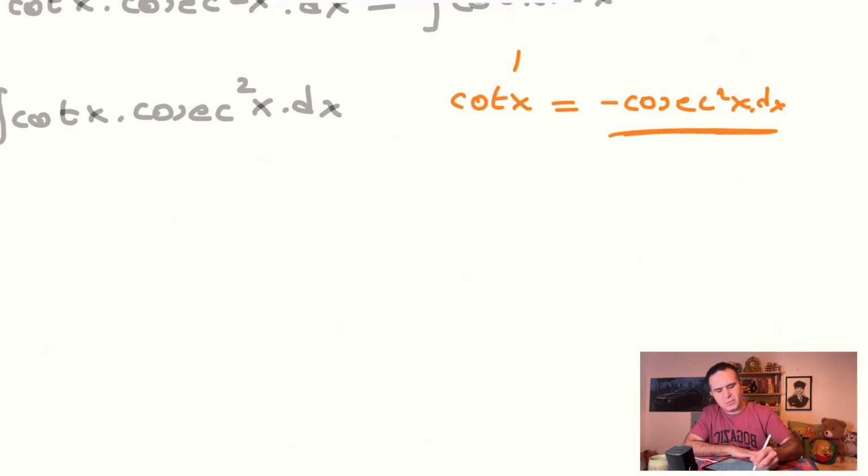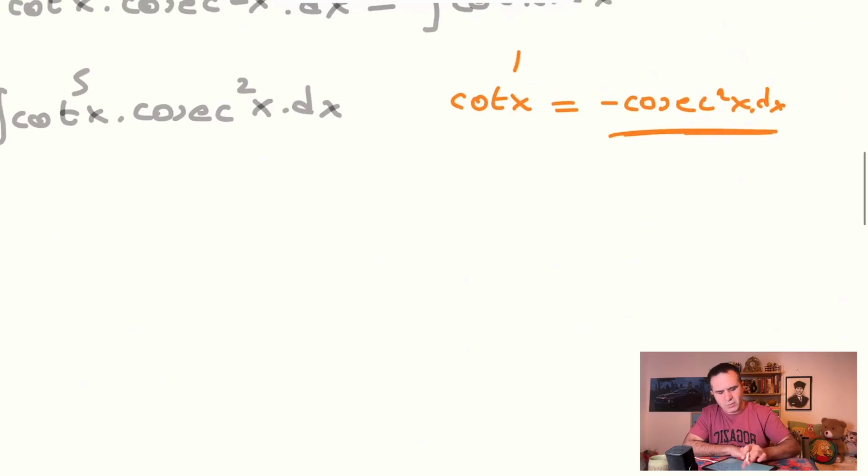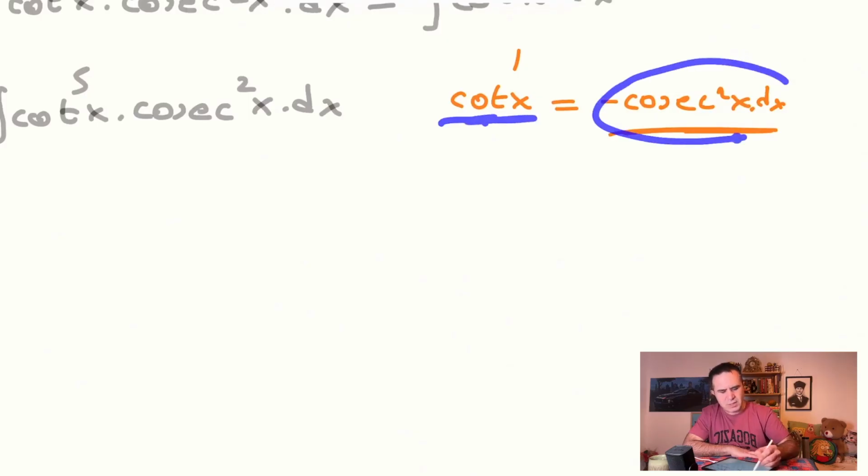This says that we should use substitution here. You may have, for example, cotangent to the power of 5 x times cosecant square of x, or square root of cotangent x times cosecant square of x, etc. Always you will use substitution. Why? Because the derivative of cotangent x is minus cosecant square of x dx.